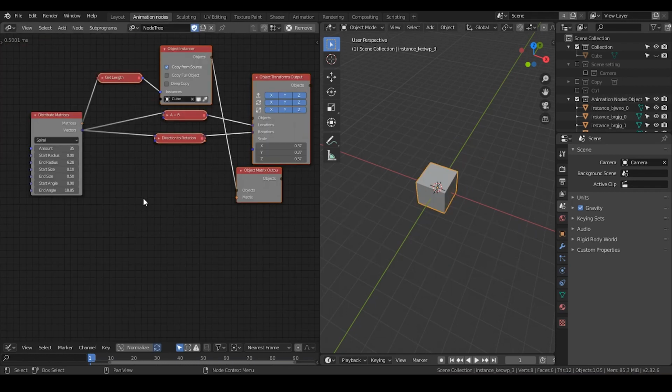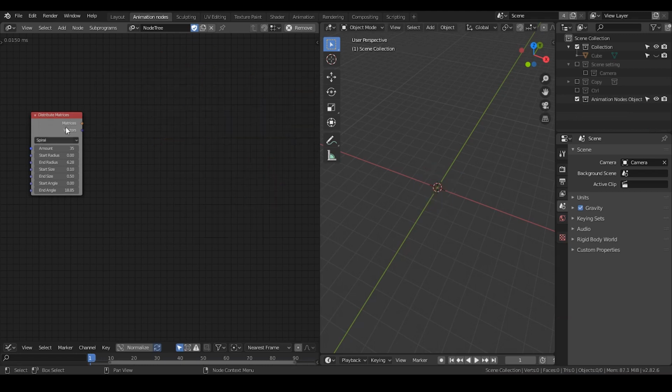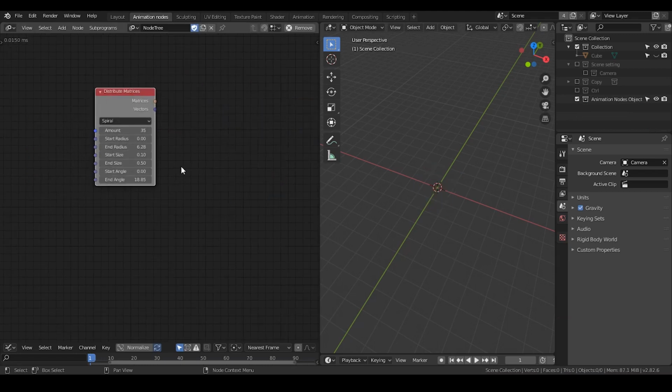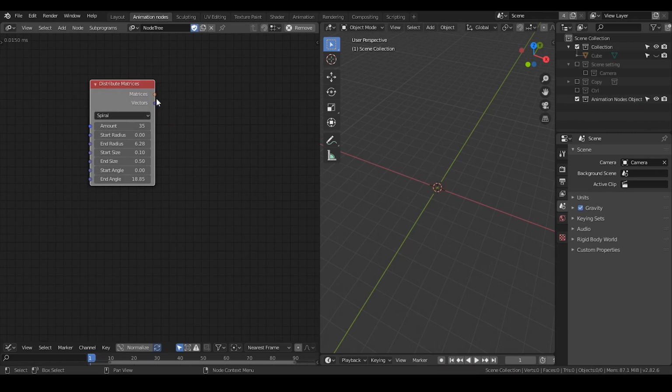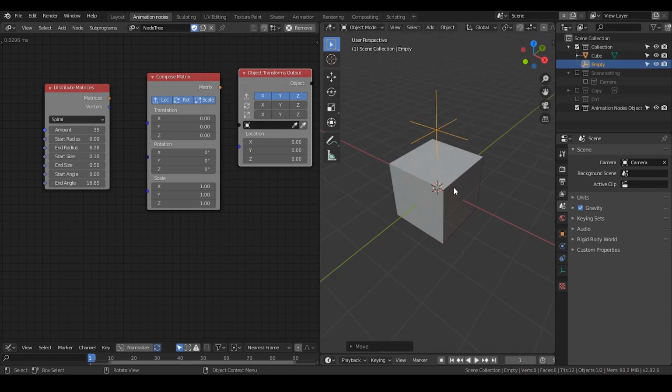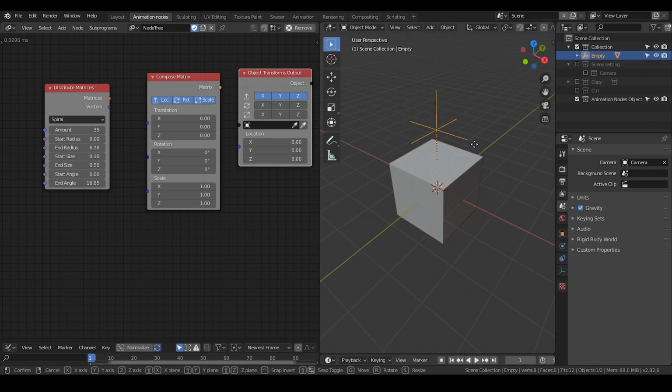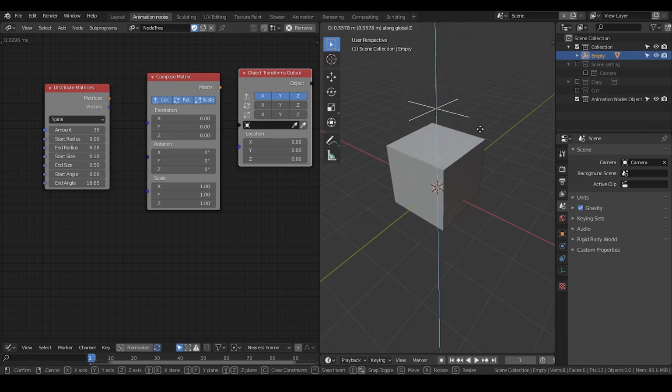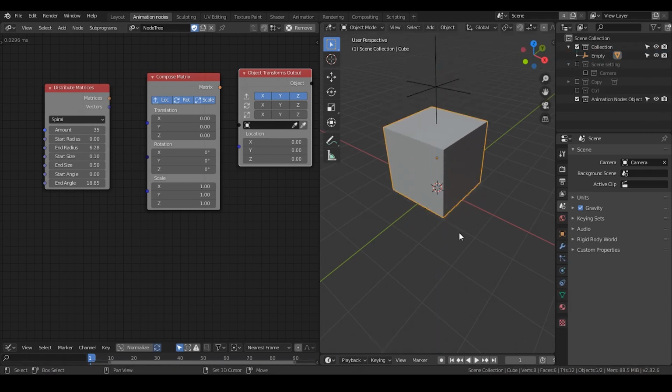The next thing I would like to mention is that matrices do not only include more information compared to vectors, they're also more accurate than vectors. So if I have an object, and if I parent this cube to empties, now if I'm moving these empties, the cube also moves.